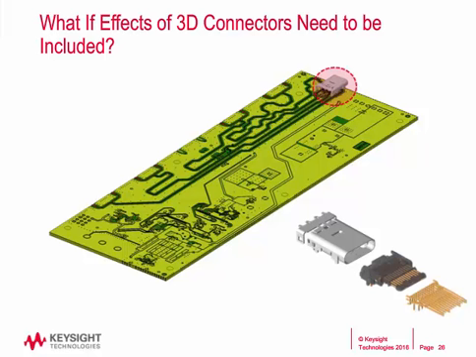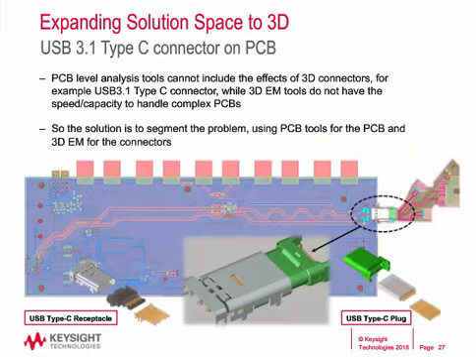It's not a kind of object the PCB tool can handle. 3D EM tools may be a good solution, but they are not fast and flexible enough to handle the whole board with connectors.